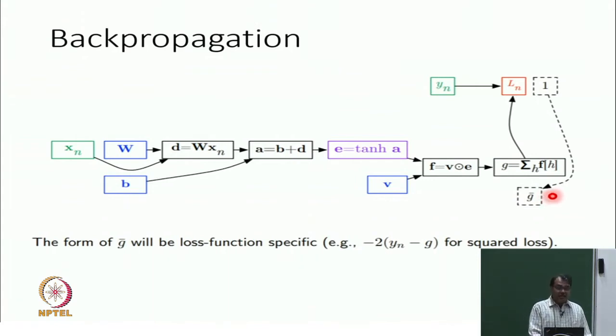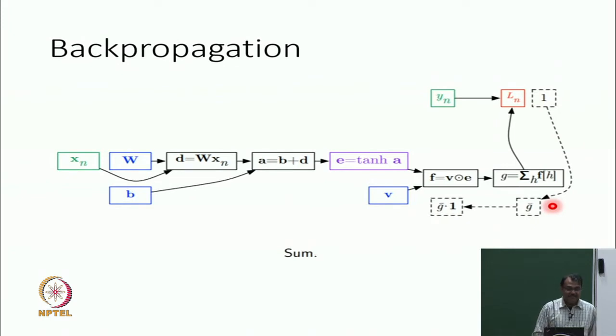And in particular, g is a sum of all the fi's. So the derivative of g with respect to fi, because it's just a summation, will be 1. So therefore, f bar would be same as g bar.